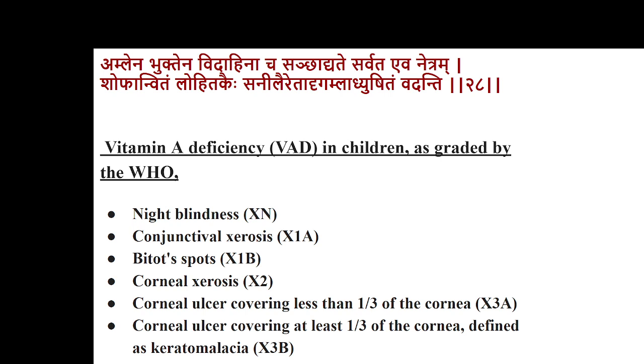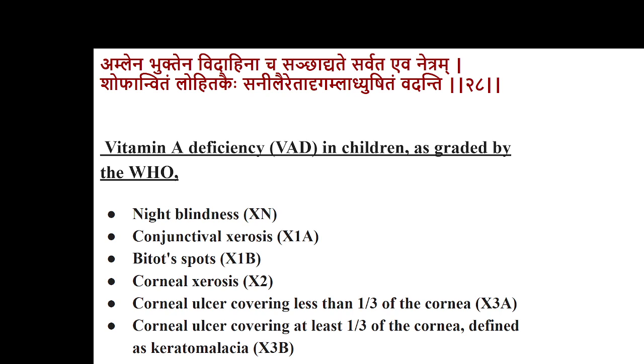I would generalize it as a balahina ahara in general, which doesn't provide sufficient nutrition to the body. It results in an eye disorder where the eyes may become swollen or reddish, or there could be discoloration, pigmentation in spots over the area, which we now call Bitot's spots. That's the typical feature of amladhyushita.